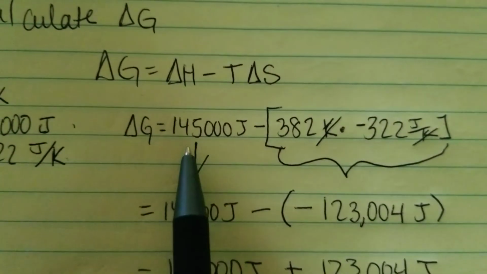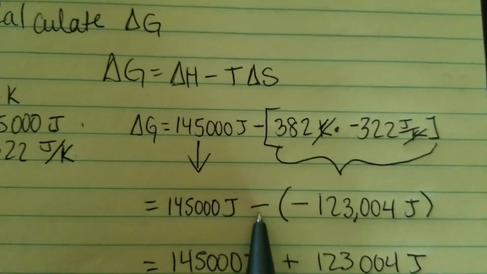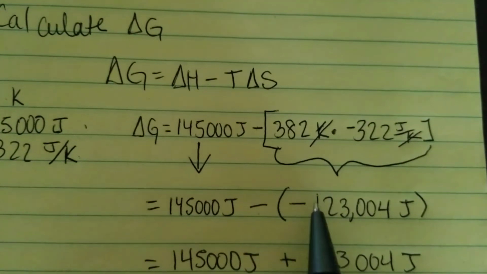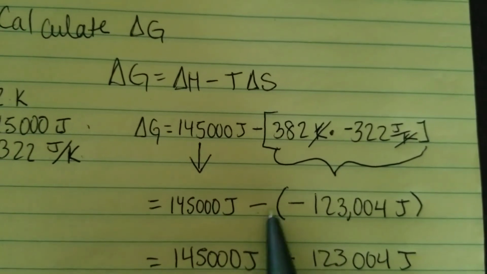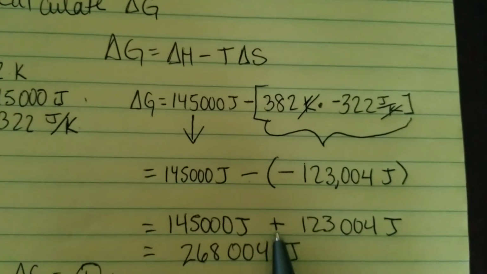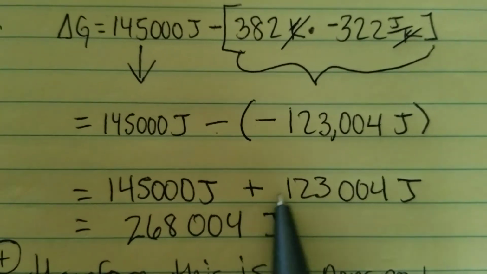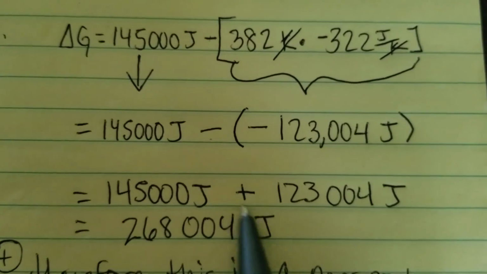Bring down everything else. Bring down your 145,000 joules and your subtraction sign. This is where students will sometimes make mistakes. Now you see a negative and a negative right next to each other. Subtracting a negative value is the same as adding. So this is where your algebra skills and your arithmetic skills and all the rules about negatives are very important.